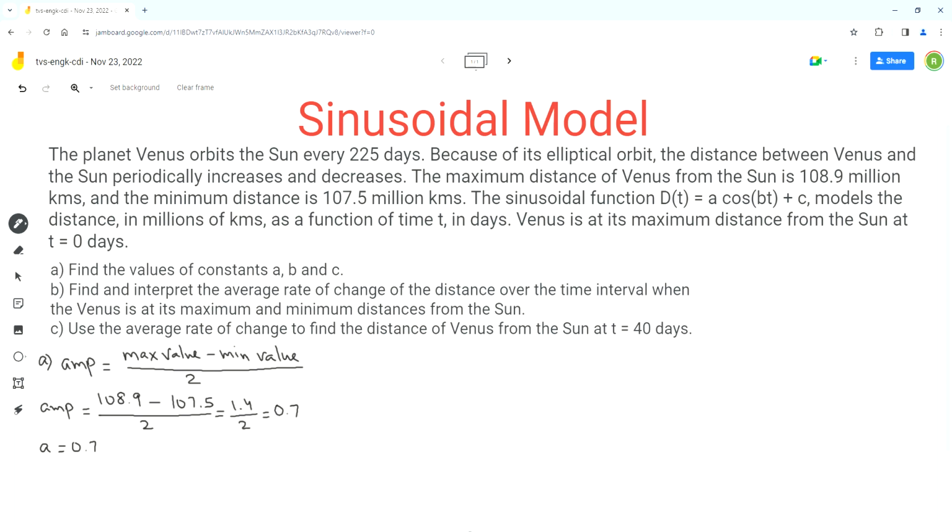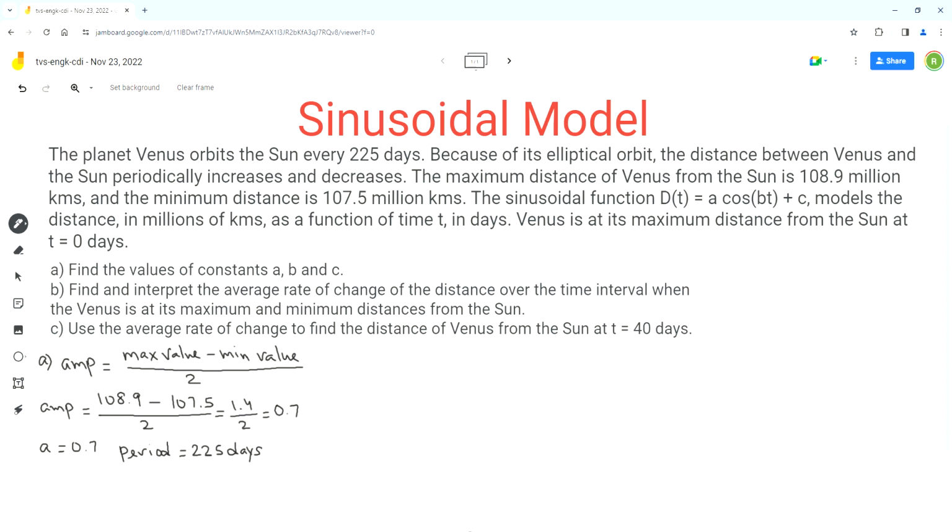Now we can calculate the B value. The B value can be calculated using the period. For this sinusoidal model, the period is 225 days, because it's given that Venus goes around the Sun every 225 days.